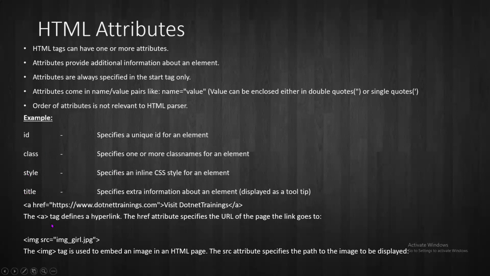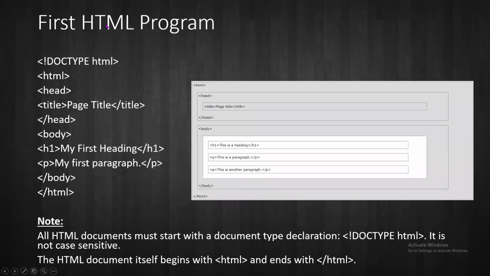Going forward, we are going to discuss so many HTML elements with different attributes. And let's see how to start our first HTML program. As I said, we need to use an editor to write our program. I'm going to use Visual Studio Code; whatever you want, you can install.